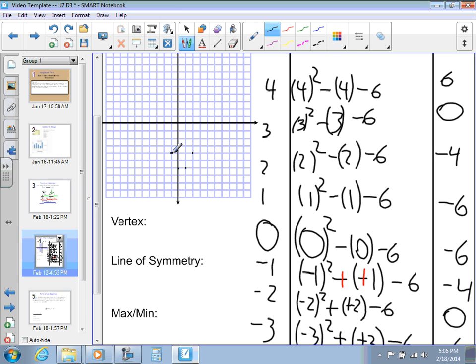And then at 3 and negative 2 is 0, here and here. And then at negative 3 and 4, I have 6. And same thing over there.